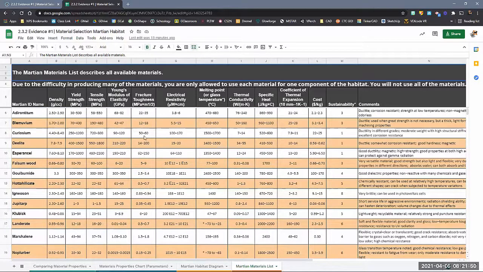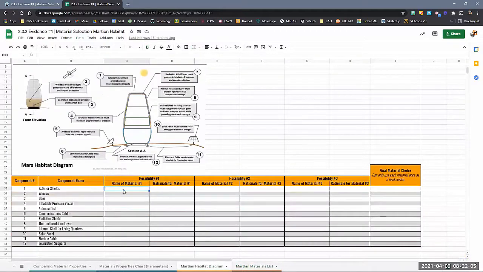I also noticed that Curiosium is pretty high, at 50 to 60. Adirondatum is not bad either, right? So I might jot down a few of these. That would be probably my first choice for the exterior shields. The rationale, again, is that I'm choosing high fracture toughness. Material number two, similar idea.